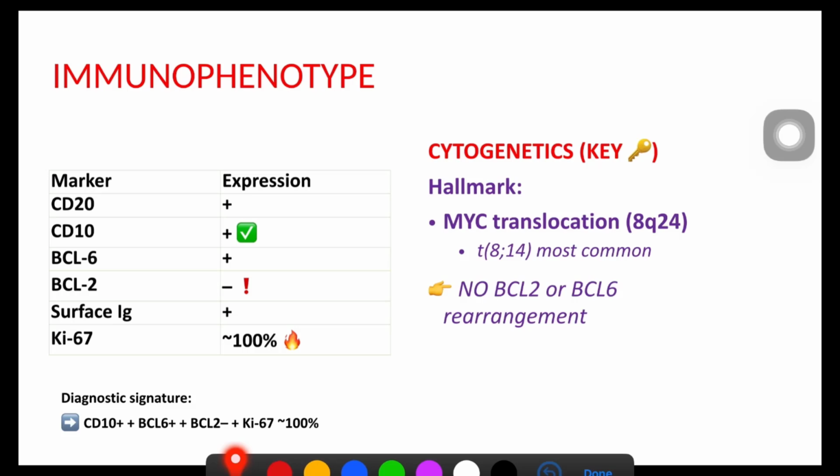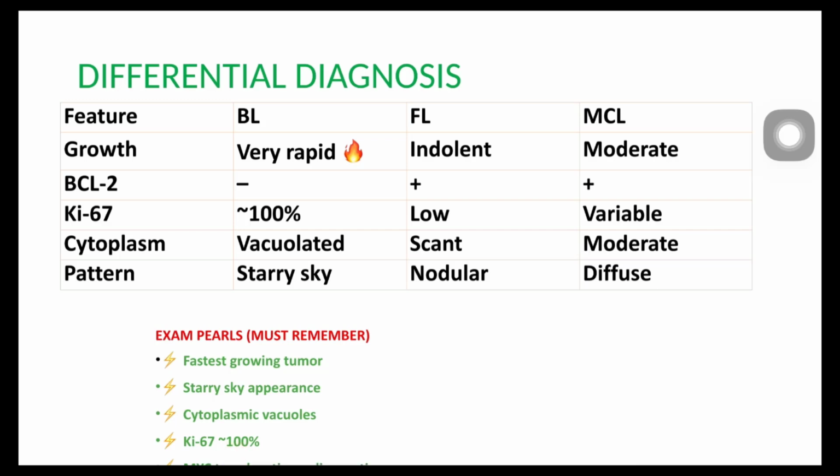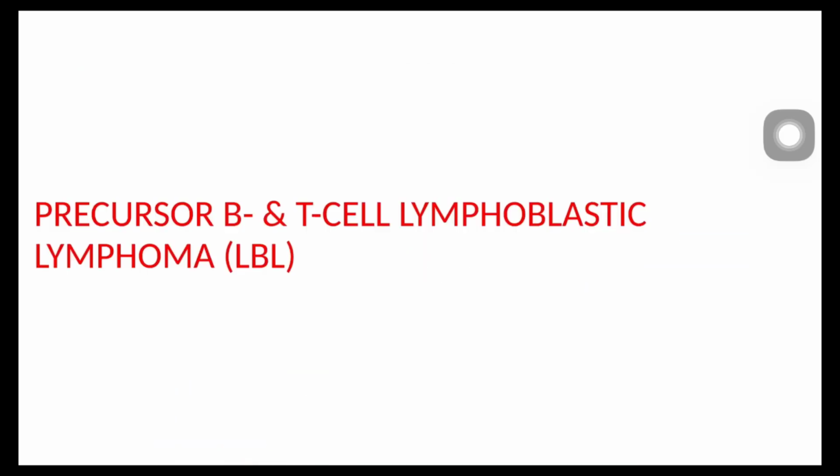No BCL2 or BCL6 rearrangement is seen. So how do we differentiate it from follicular lymphoma and mantle cell lymphoma? It is the fastest growing tumor, with starry sky appearance, cytoplasmic vacuoles, Ki67 and MYC gene. So now let's see precursor B and T lymphoblastic lymphoma.